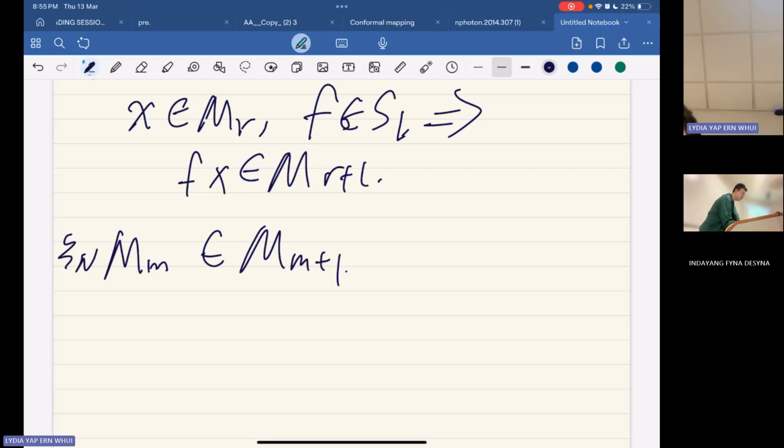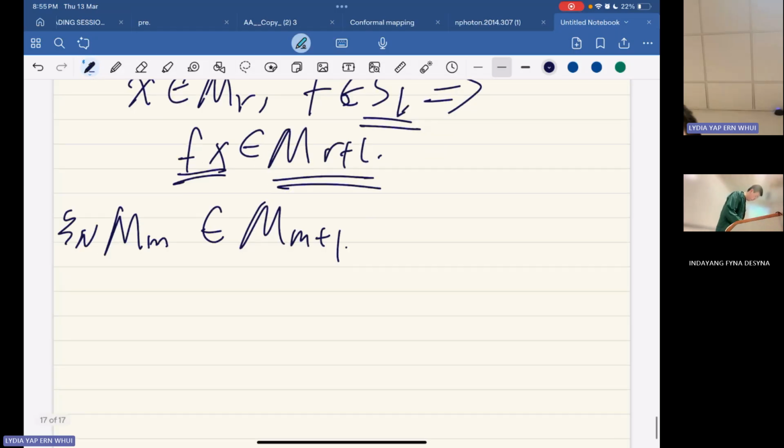Because this xn lives in S1, right? So the multiplication of those things should live in M(m+1), not just Mm. So it is not closed under scalar multiplication. So we can see this is not a submodule. It is just a subspace over K, not a submodule over the whole polynomial ring.